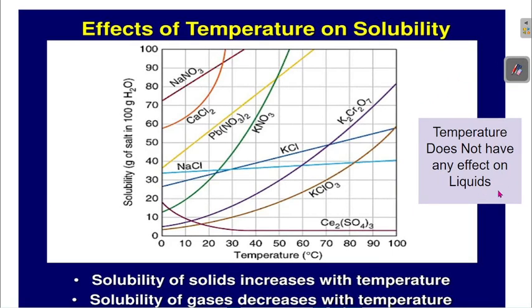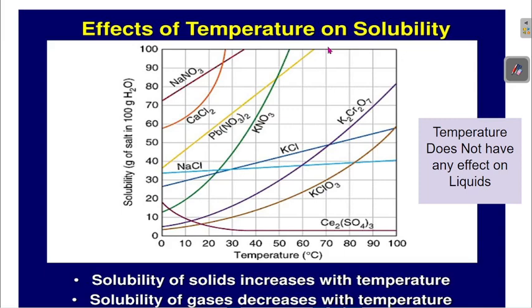Okay, what you need to know for right now, and let's think about this for a minute. The solubility of solids increases with temperature. So here you have solubility, and here is the temperature. As you increase the temperature, you can increase the solubility. So how many grams of that solute you can put in 100 grams of water. Because think about it. Temperature affects liquids more than it affects solids. So what are you doing when you give temperature to a solution?